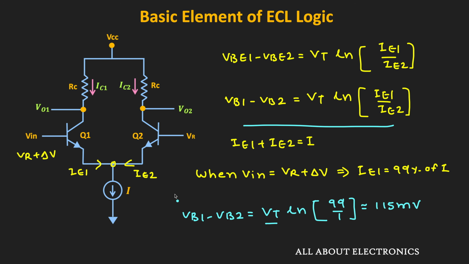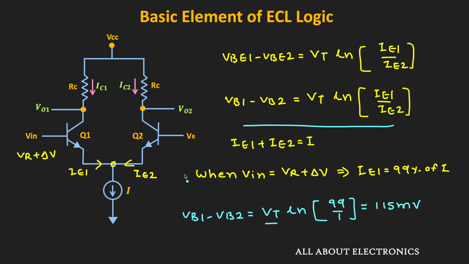As you can see, by changing the input voltage by even 115 millivolt, it is possible to steer the entire current from one branch to the other branch. And that is why it is possible to operate this ECL logic even with a low voltage swing.